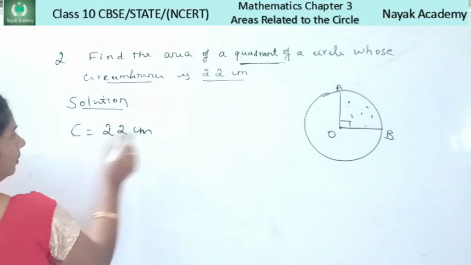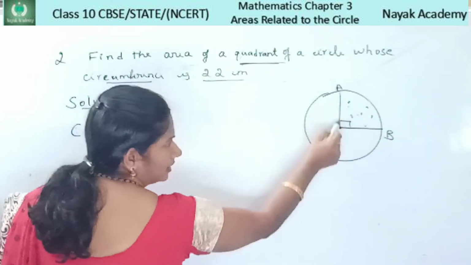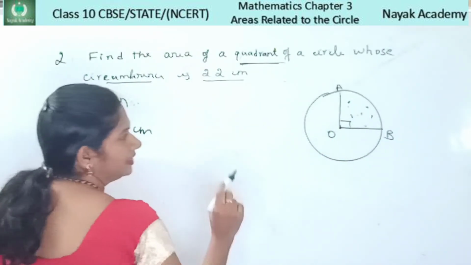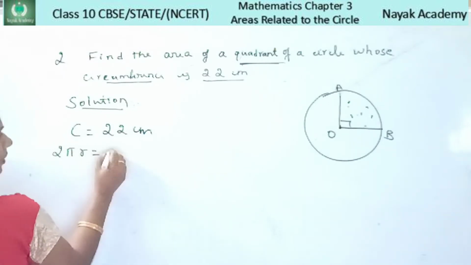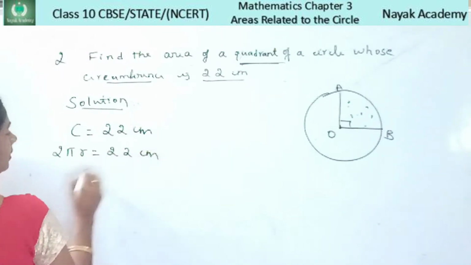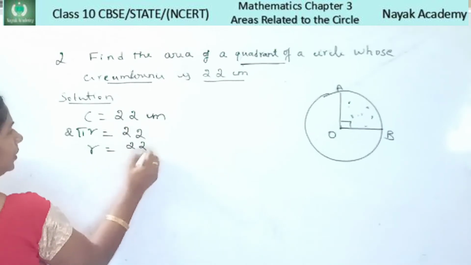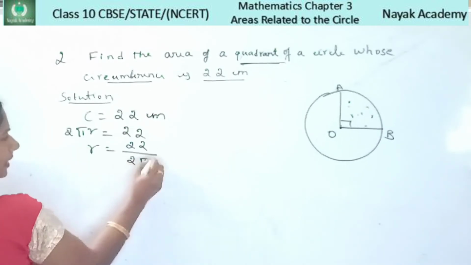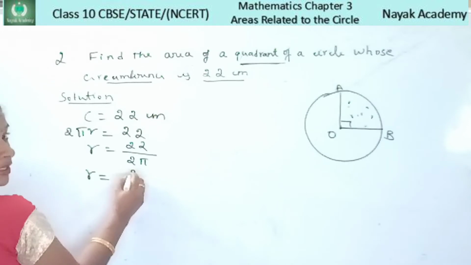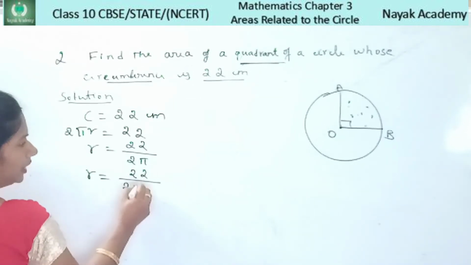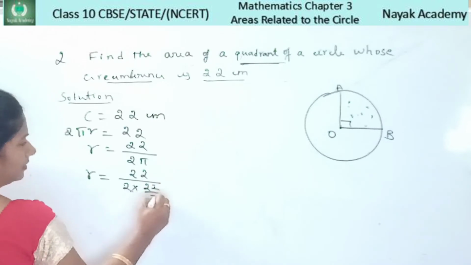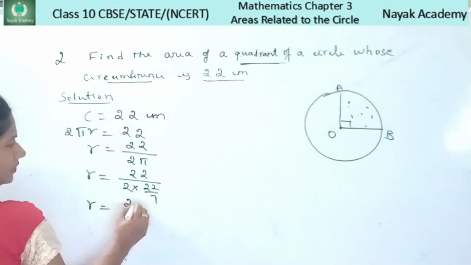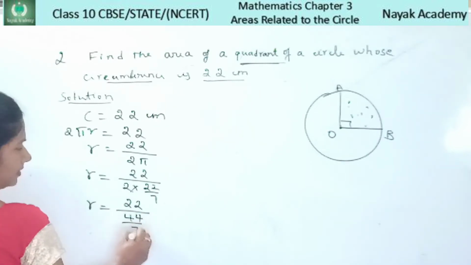Now we don't know the radius of the circle. Let us find out the radius of the circle. C equals 2 pi r equals 22 centimeters. So r equals 22 divided by 2 pi. R value is 22 divided by 2 into pi value, substituted as 22 by 7, that is 22 divided by 2 into 22 by 7, which is 44 by 7.